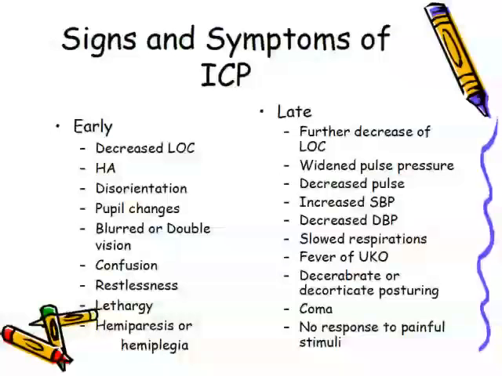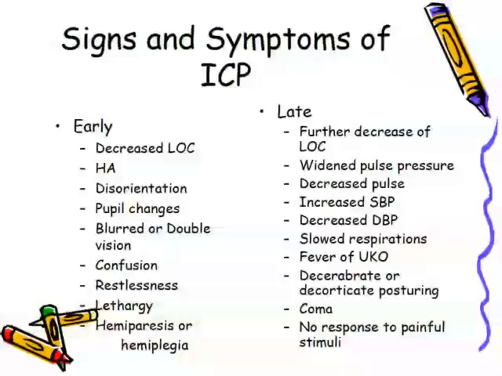changes of ICP. So if we look at those early signs and symptoms, typically you're going to see some sort of level of consciousness change. That patient may initially be restless. The patient may just have slight changes, and then if the ICP continues to rise, that patient will start to be more lethargic, more obtunded.